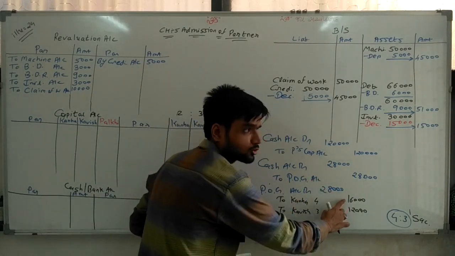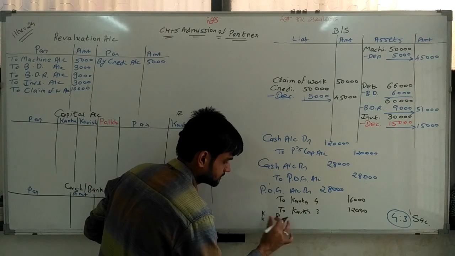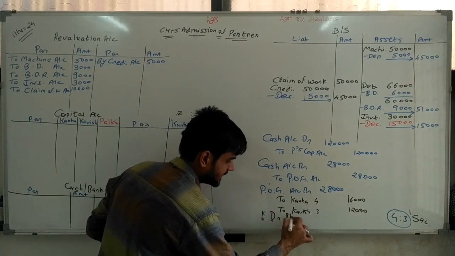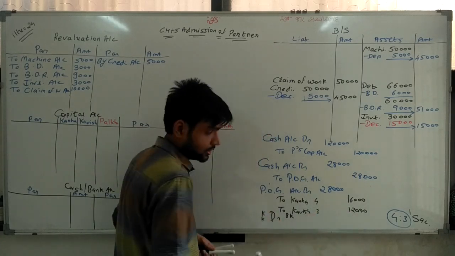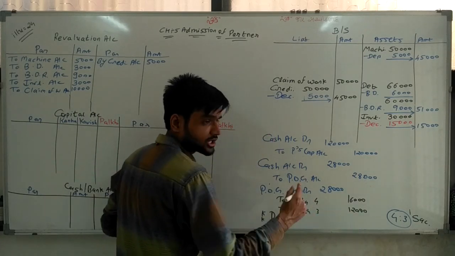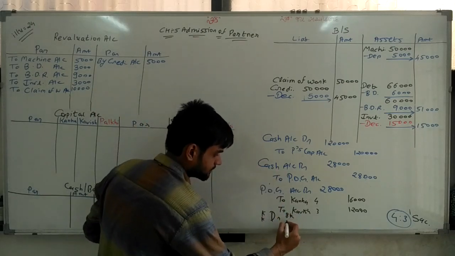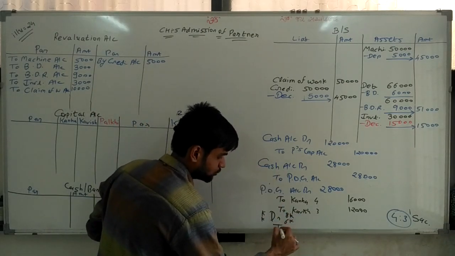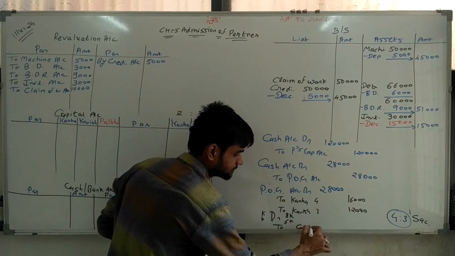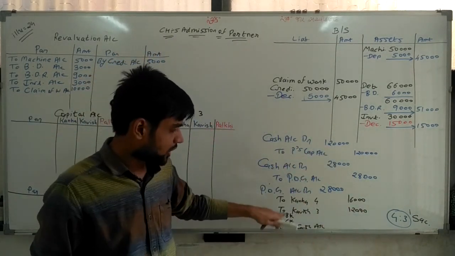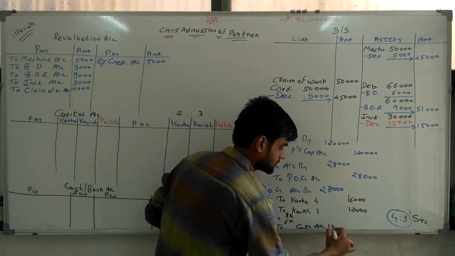Half of 16,000 is 8,000: Kahana debit 8,000. 12,000 of Kavisha, half amount is 6,000, Kavisha debit. To cash account. Why cash? Because they withdraw the amount. Total of these two is 14,000.